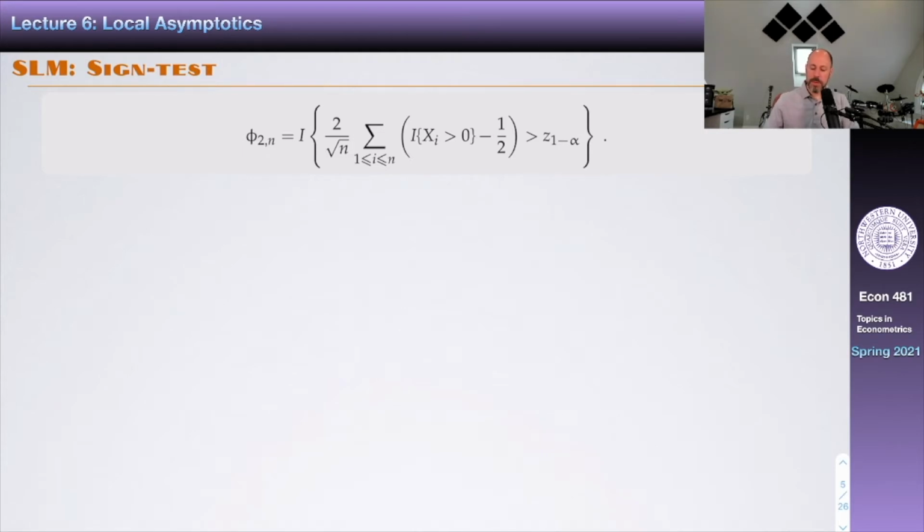And so in order to study the properties of the sign test, we will always start by looking at the mean and variance of this object over here, which is our random variable in a way.